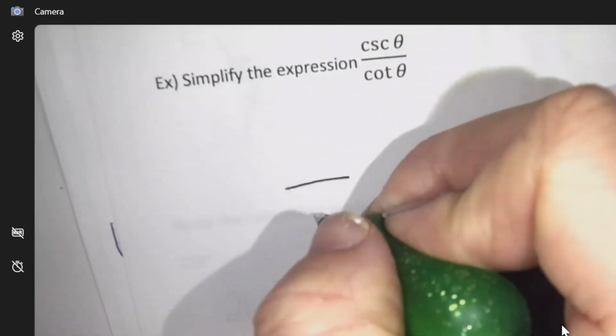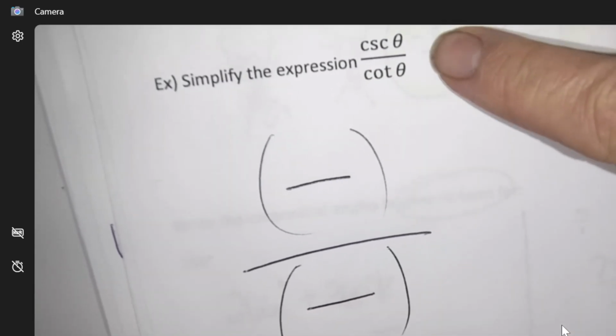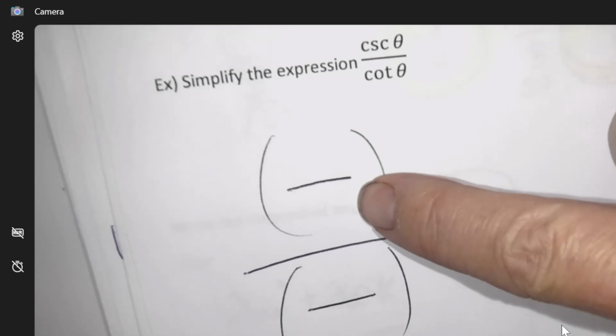Cosecant. Can you replace cosecant with a fraction?